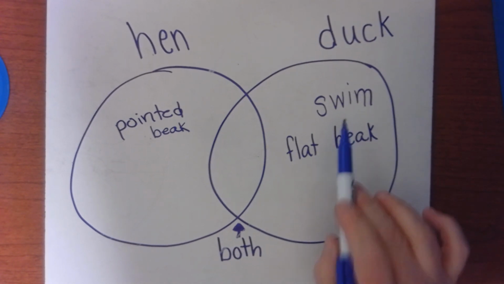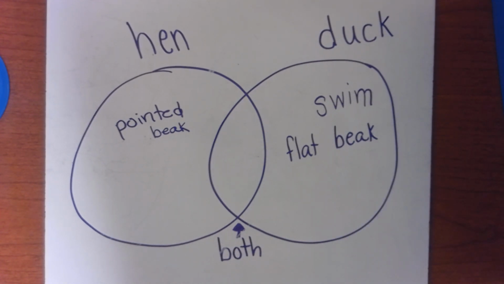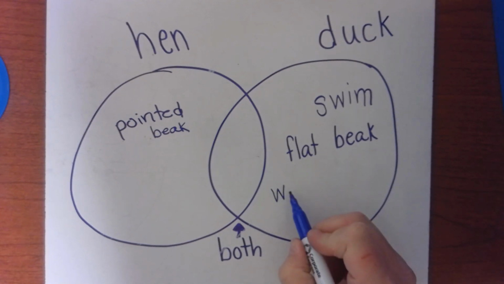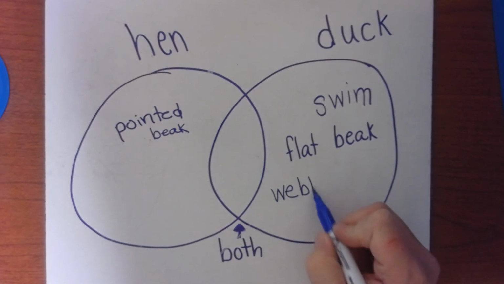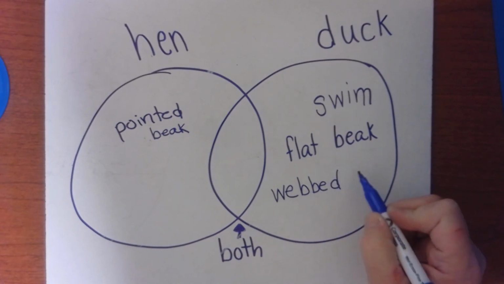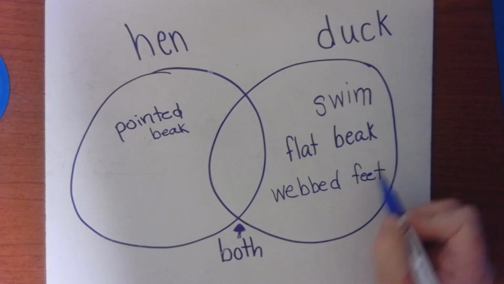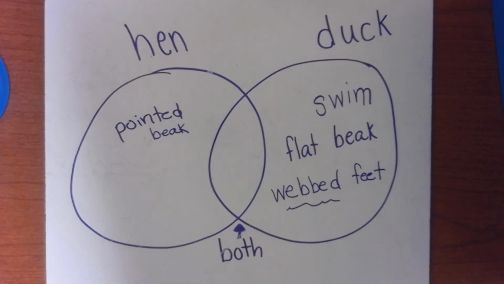If a duck can swim, what might their feet look like that might be different than a hen? Did you say that a duck might have webbed feet? Yeah, webbed means in between each of their toes, they have a little bit of skin.